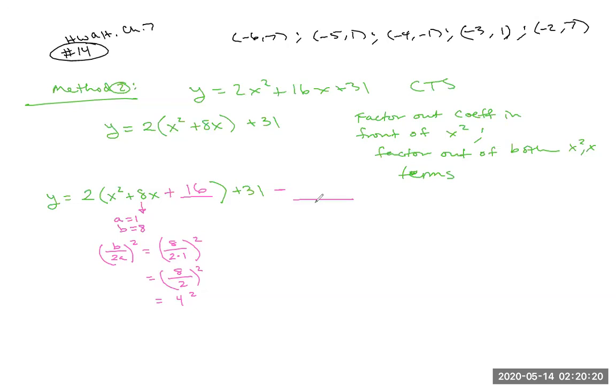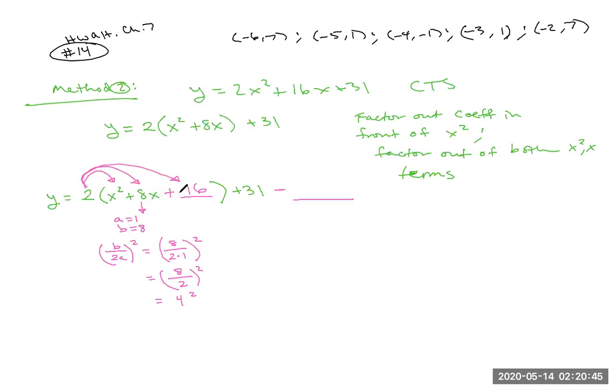Okay. Now, this is where it gets a little bit strange and why you might just want to use the standard form equations if you're comfortable with that. What are we really adding to this side of the equation by putting a 16 right here? There's a 2 out front. That 2 is technically distributed to every single term inside the parentheses.